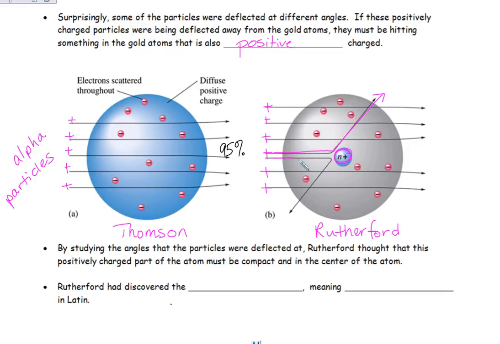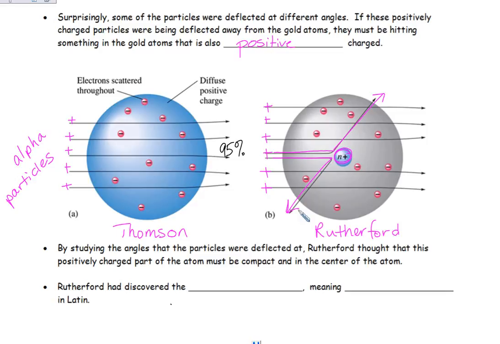So here they might hit and bounce off at different angles. Like charges would repel. So maybe all the positive material is this compact core or center of the atom. Like this dense positive core. Because these little tiny alpha particles are hitting something substantial, and that's what's causing them to bounce off at weird angles.